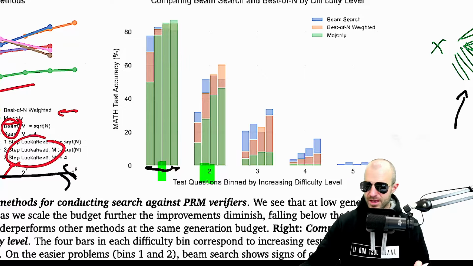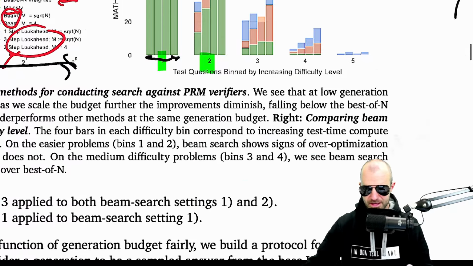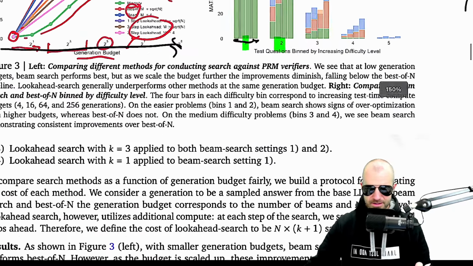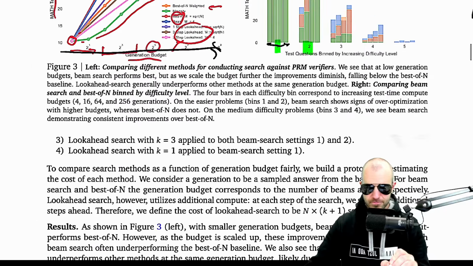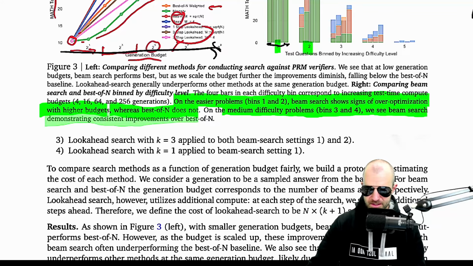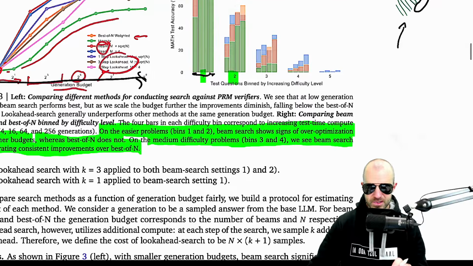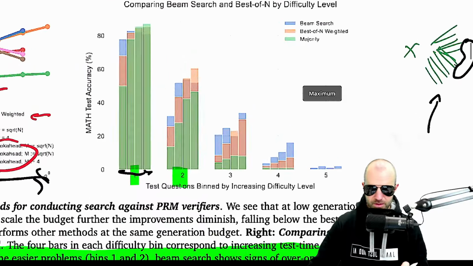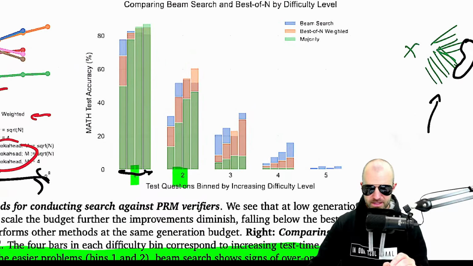They're also going to make some statements here, namely: on the easier problems, beam search shows signs of over-optimization with higher budgets, whereas best of n does not. On the medium difficulty problems, we see beam search demonstrating consistent improvements over best of n. So green here being majority, orange being best of n, and blue being beam search.